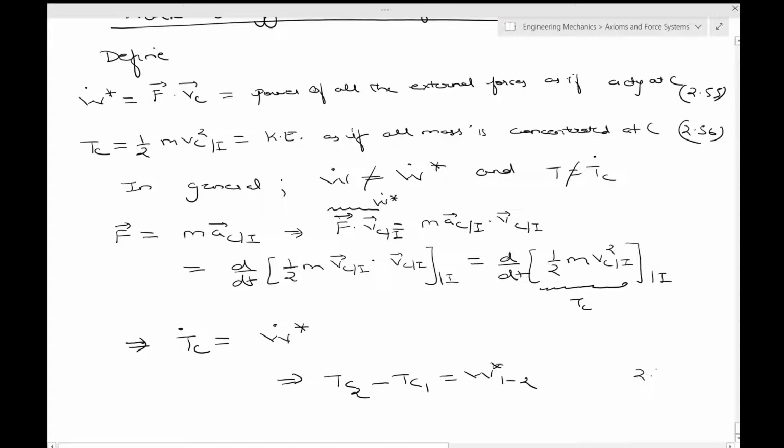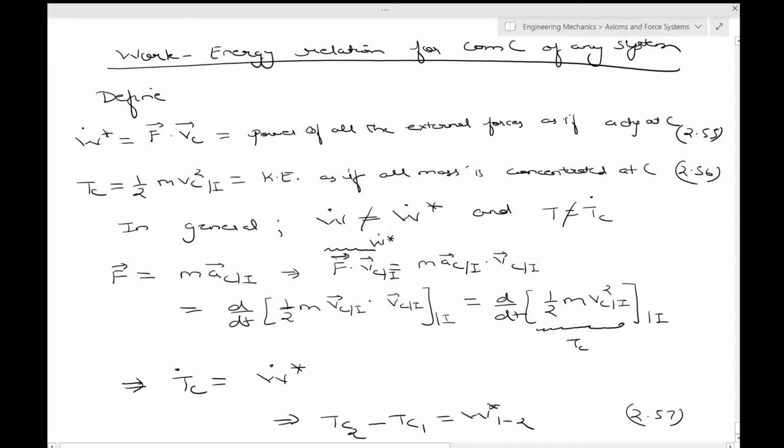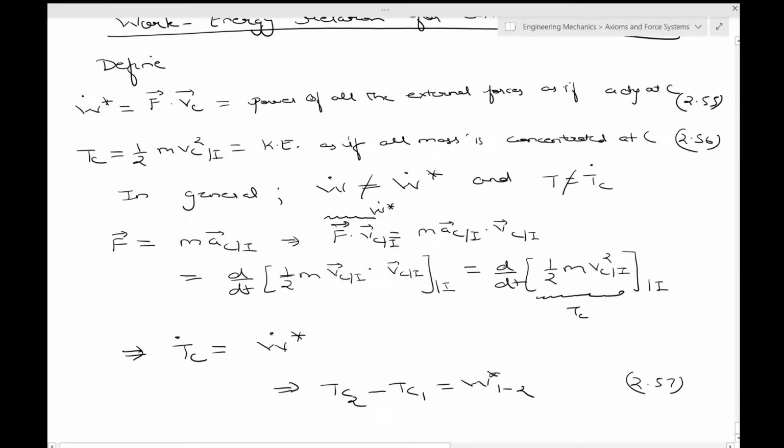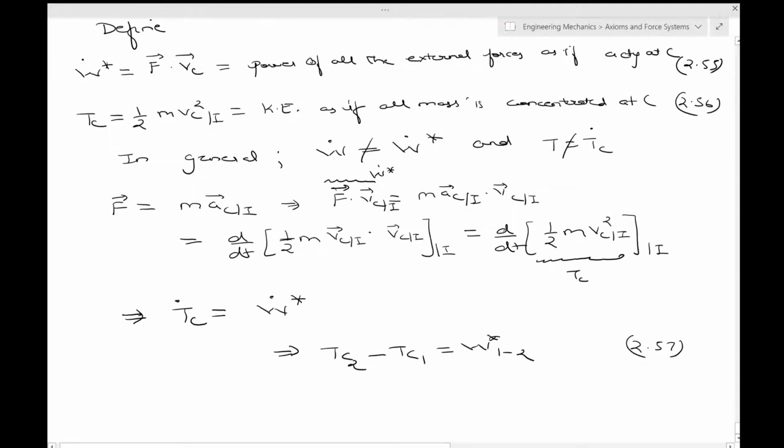This is 2.57, and we want to write this in words. How would we say this? Tc1 and Tc2 are the values of Tc in configuration 1 and 2 of the system.